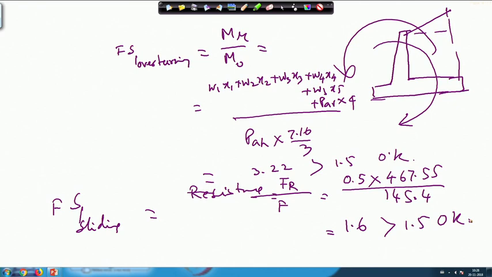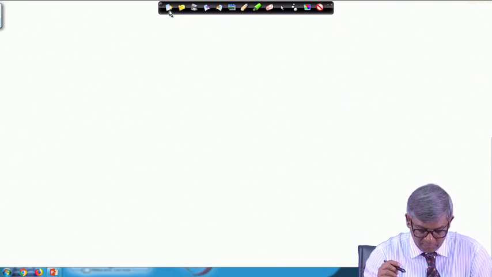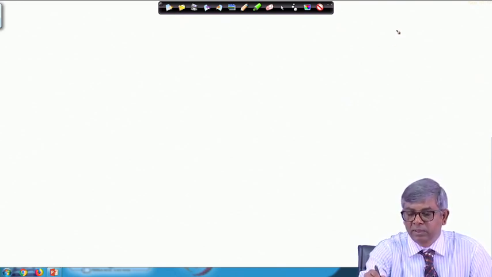Okay. So, now I have to see the factor of safety against bearing capacity, and for that I will just take another new page. As I have told you, the wall is something like this.